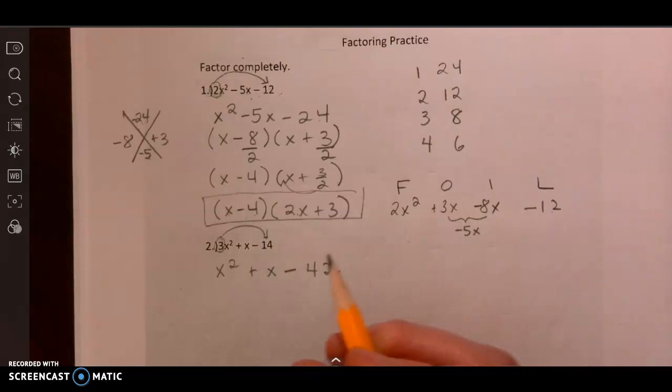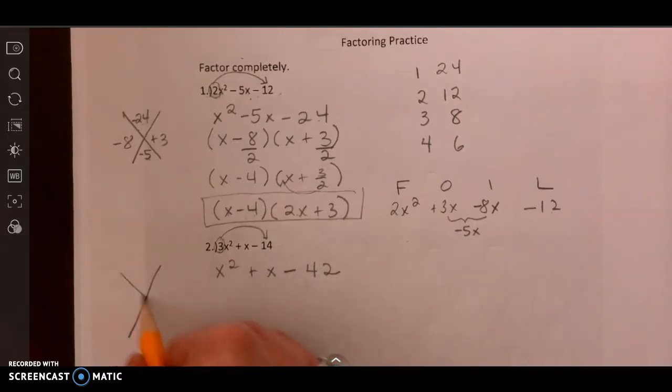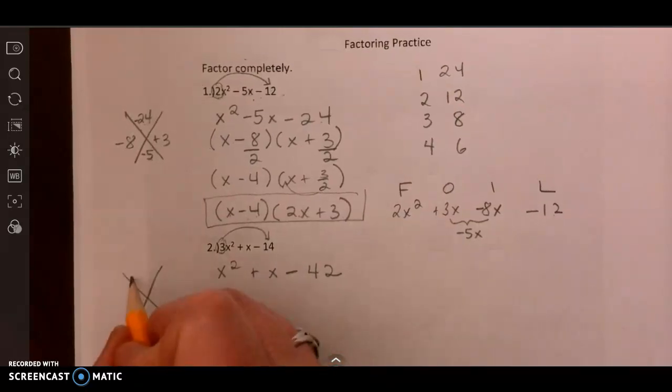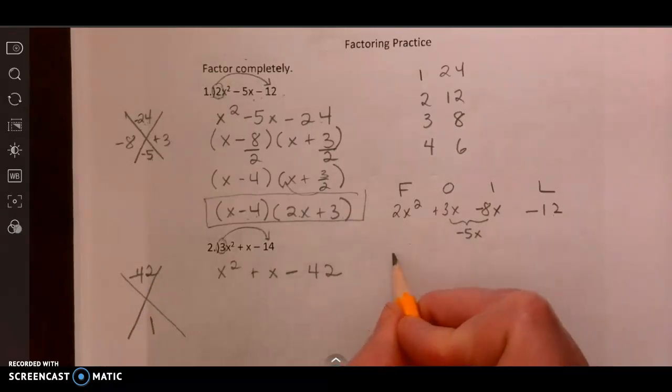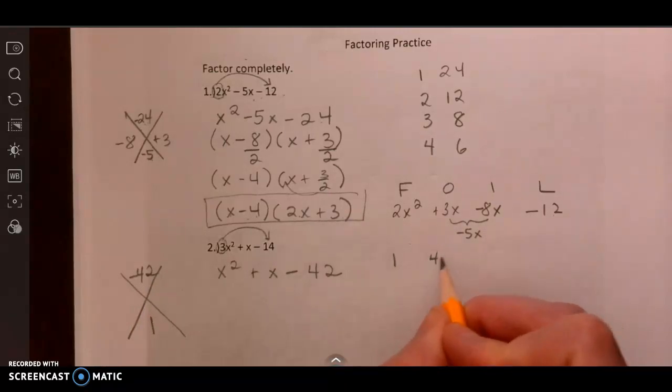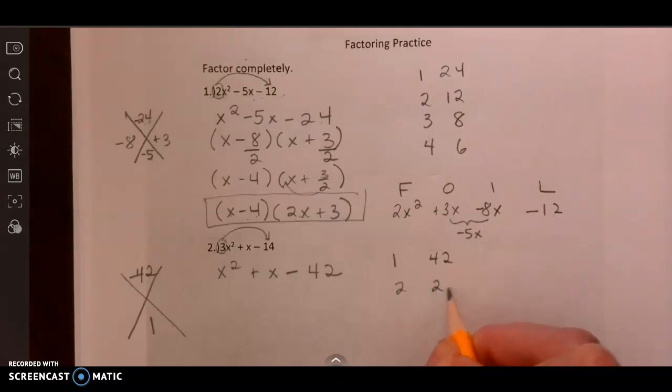Then I need to use the diamond method and figure out a product of negative 42 and a sum of 1, because that's a 1x. Here my factors of 42 are 1 and 42, 2 and 21, 3 and 14, because I did 3 times 14 to get 42, and 6 and 7.